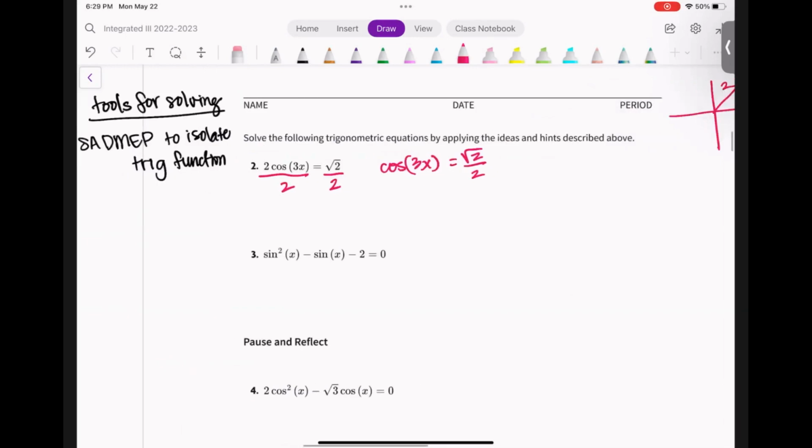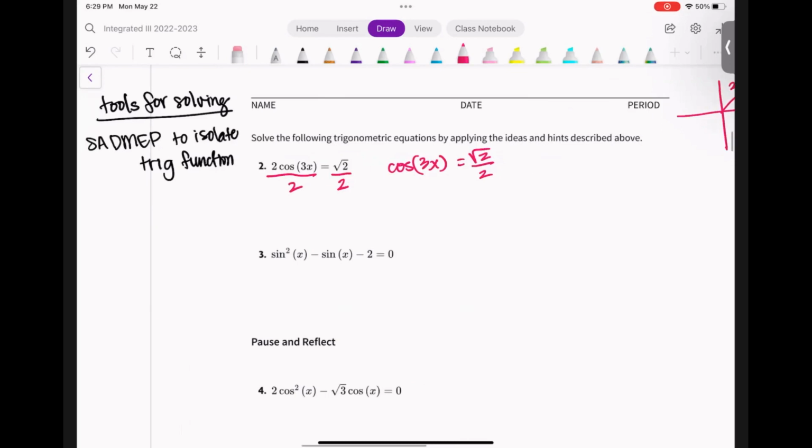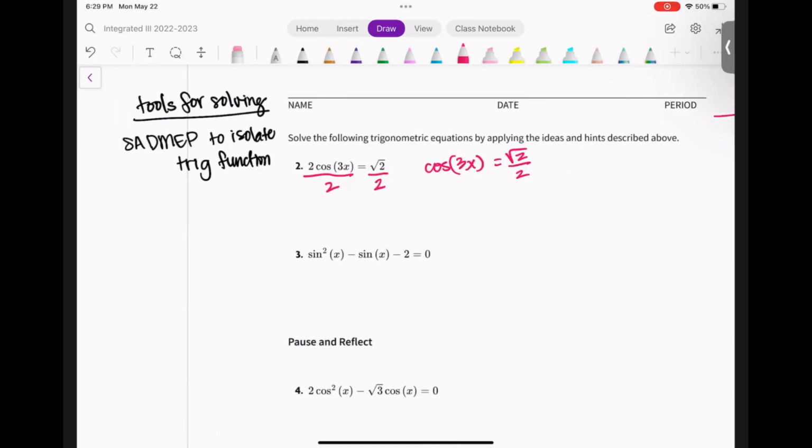So once you do isolate your trig function, you're going to use the inverse. But your question should always be, okay, so let's write another one. So use trig inverse. But you have to ask yourself the question, where else is that trig function positive or negative?